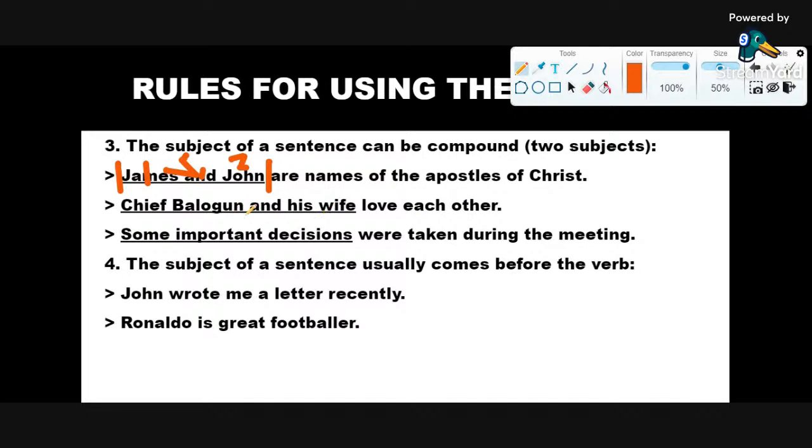Chief Balogun is the first subject. His wife is another subject. Two of them joined together form one subject. Another one: some important decisions were taken during the meeting. So the same thing, some important decisions.